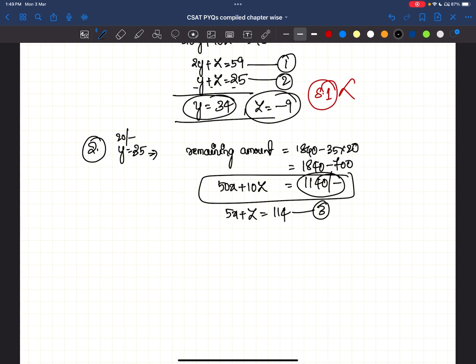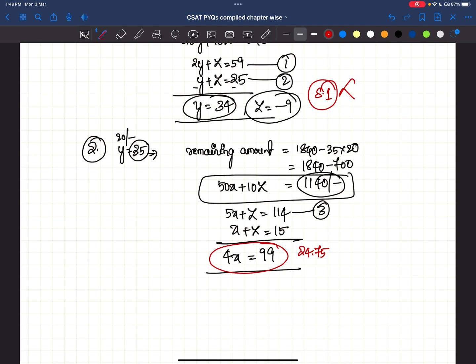Let this be equation number 3. And here already we have taken 35 notes, so x plus z should be equal to 15. By solving, we'll get 4x is equal to 99, and the number of notes cannot be a decimal value. We get 24.75.